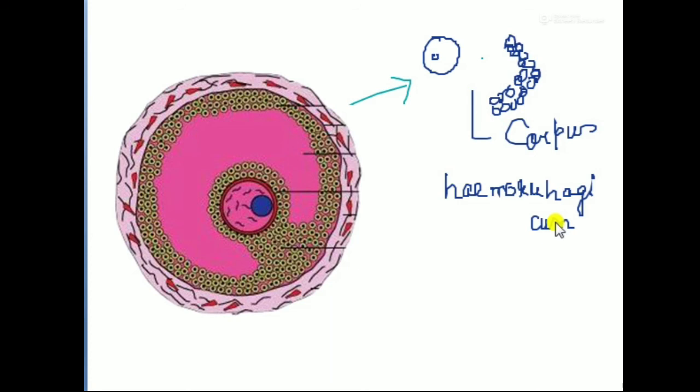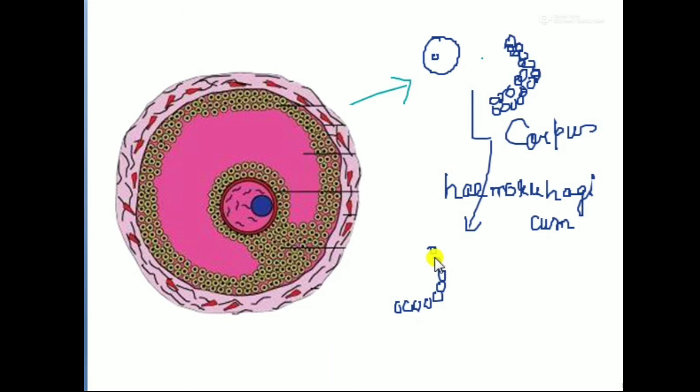What is corpus luteum? It is the second stage of the ruptured Graafian follicle, where the number of cells decreases. The corpus luteum is a temporary endocrine gland which secretes a female hormone known as progesterone.